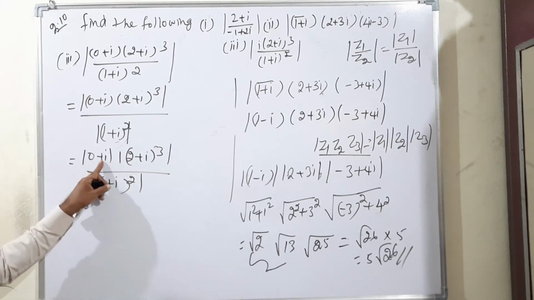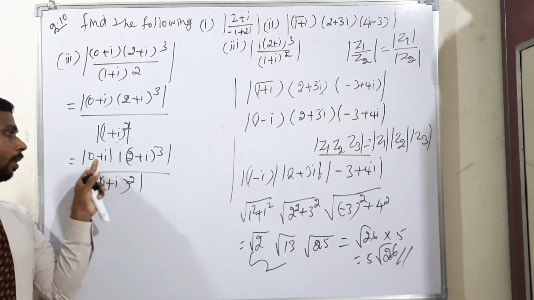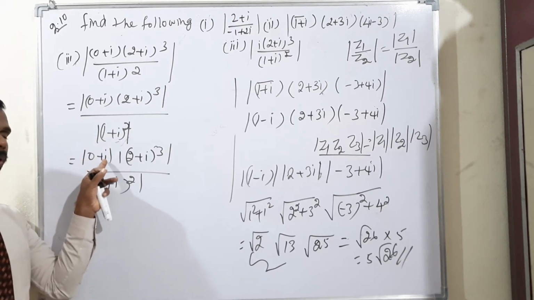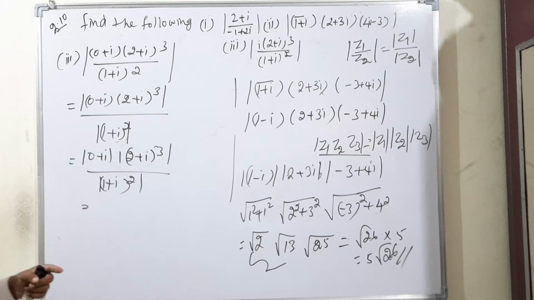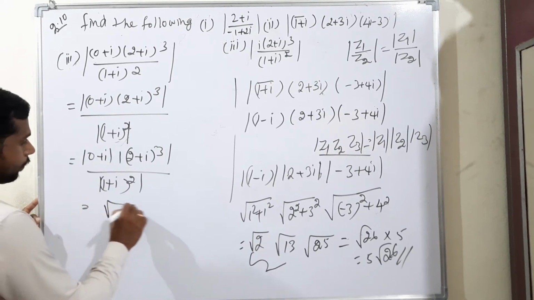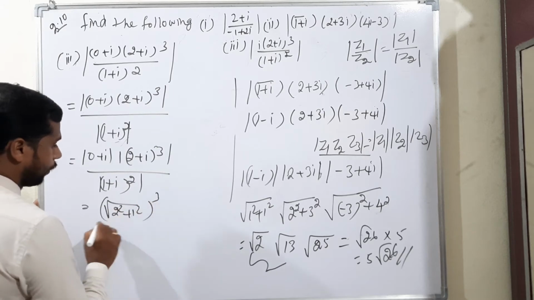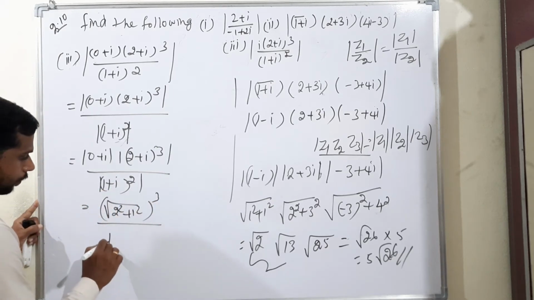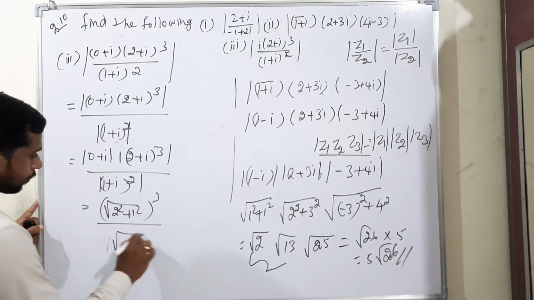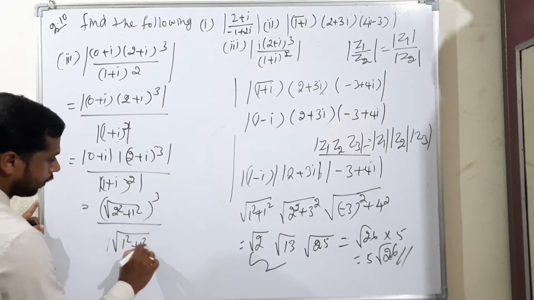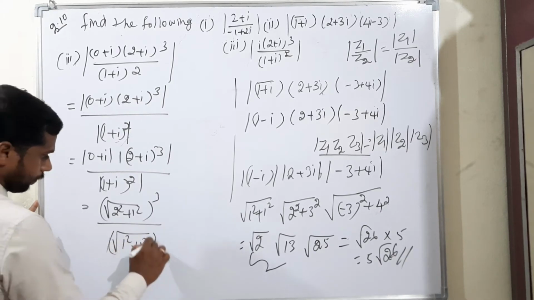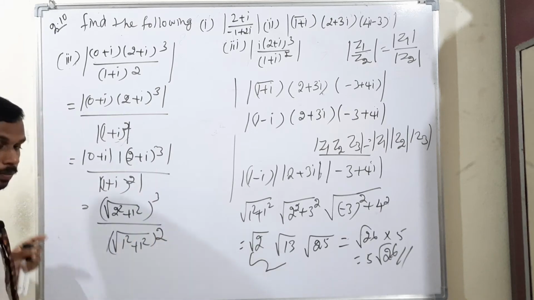So definitely, if you take the square root, 0 square, 1 square will come. 1 square means value 1, so no need, right? But the second part, look at that: square root of 2 square plus 1 square the whole cube divided by the denominator also square root of 1 square and 1 square the whole square, isn't it?